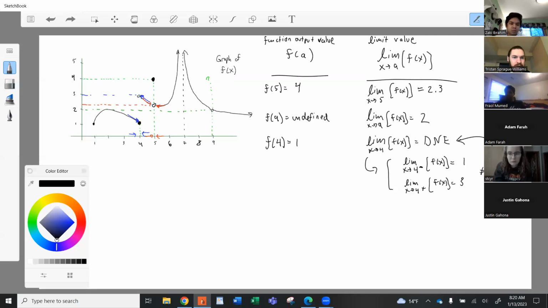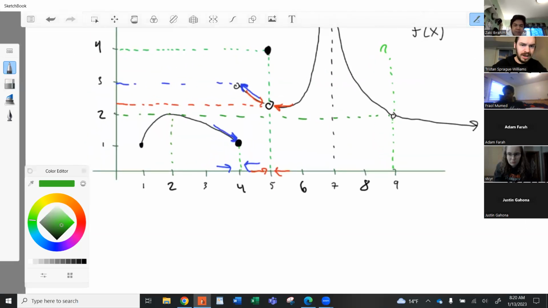Let's look at a couple other points on this graph. Let's look next at x equals 2. We go over here to x equals 2 and look at what's happening. Now, I didn't draw a dot on the graph, but one thing to keep in mind is that where the graph exists, where you see a portion of curve, you can conceive of that as being made up of dots.